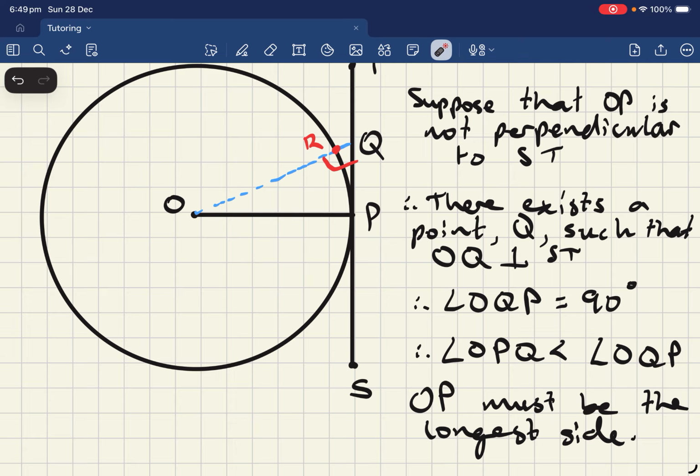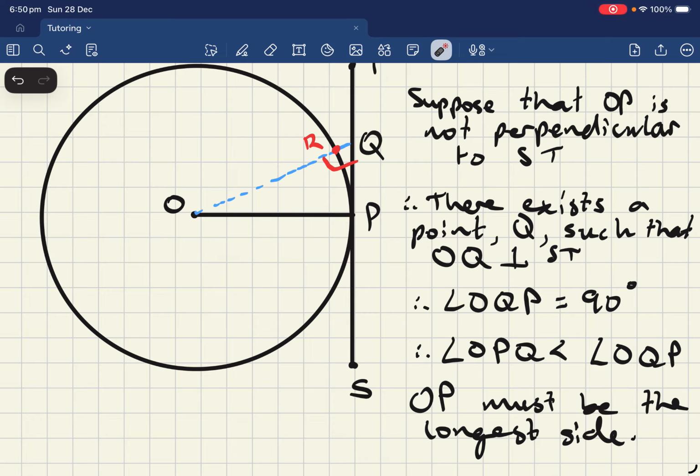A contradiction exists. Therefore, our statement, where we supposed that OP isn't perpendicular to ST and assumed OQ is perpendicular to ST, all goes out of the window because there is a contradiction. If in fact there was another point that wasn't at the point P where it was perpendicular, then the side OP opposite this angle should be the longest side, but it's not.